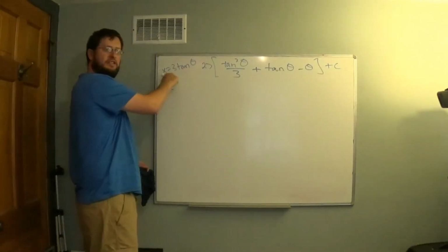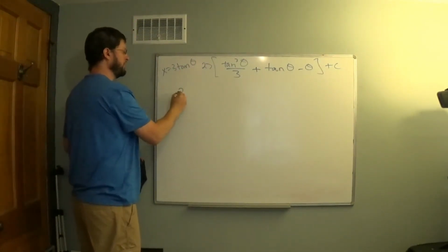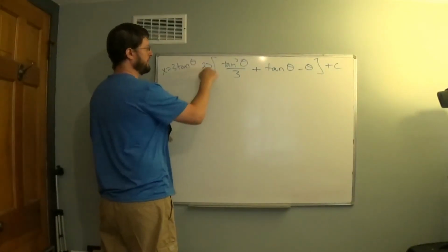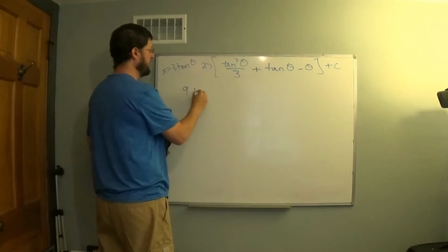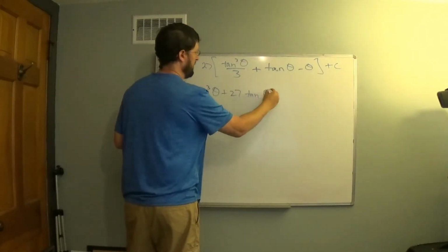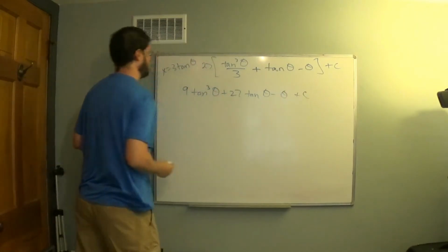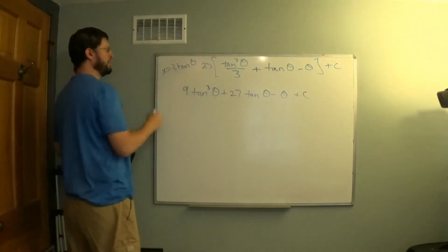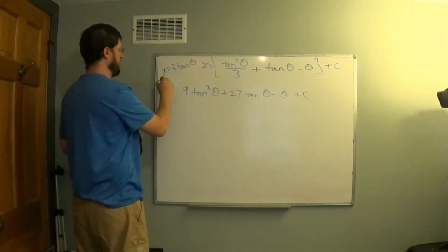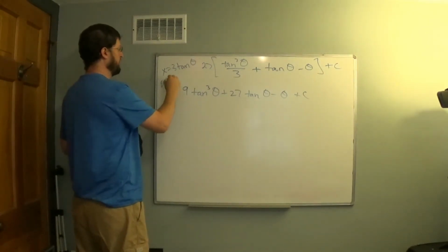Finally, we need to use this and trig triangles. So this is 27. Well, let's put the 27 in. So that makes 9 tan cubed theta plus 27 tan theta minus theta plus c. But if x is 3 tan theta, then that means theta is actually tan inverse of x over 3.